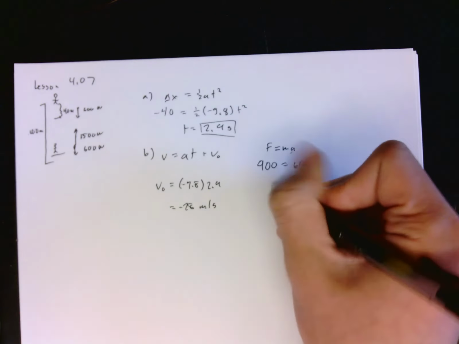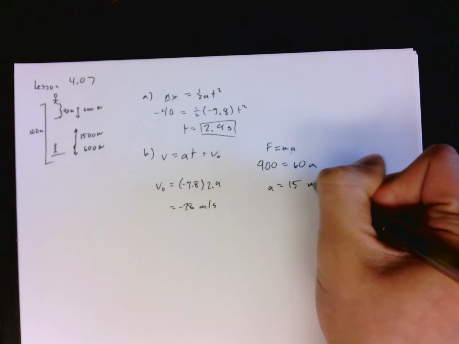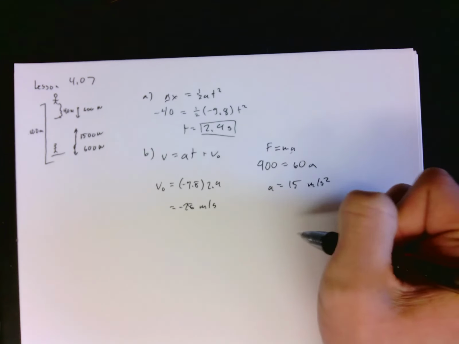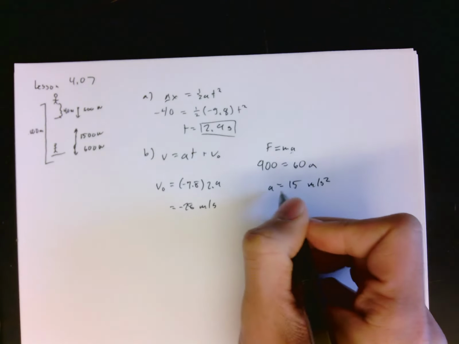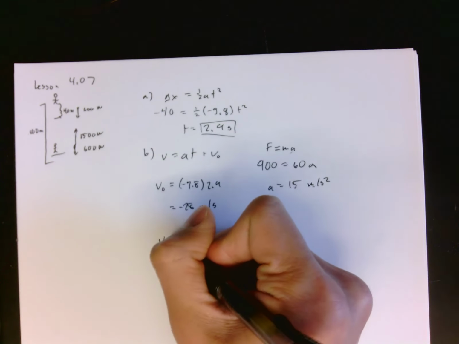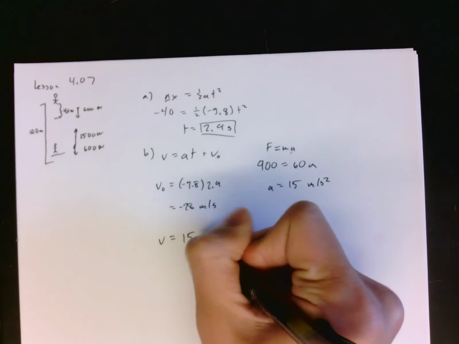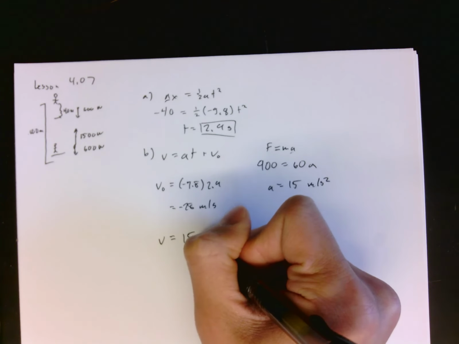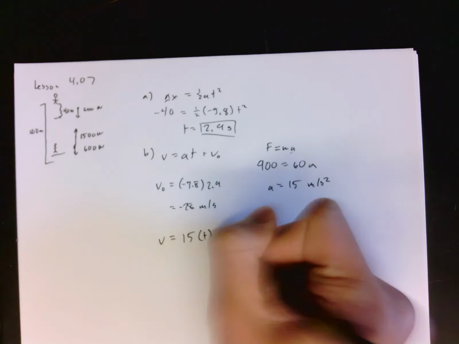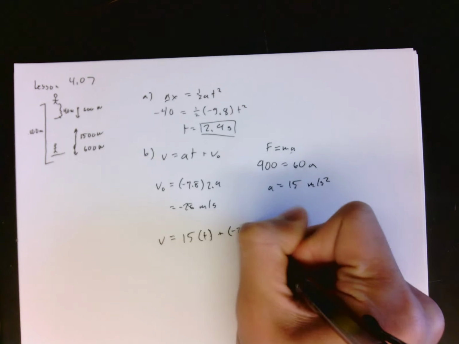So 900 equals 60 times acceleration. So acceleration is about 15 meters per second squared. This is an upwards acceleration, and his velocity is going downwards. So we can plug it into the equation that we have. Velocity equals 15 meters per second squared times time plus negative 28.